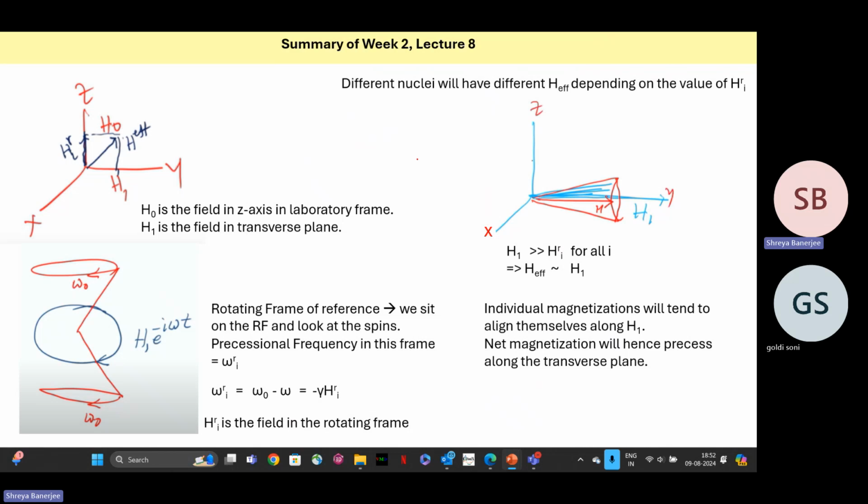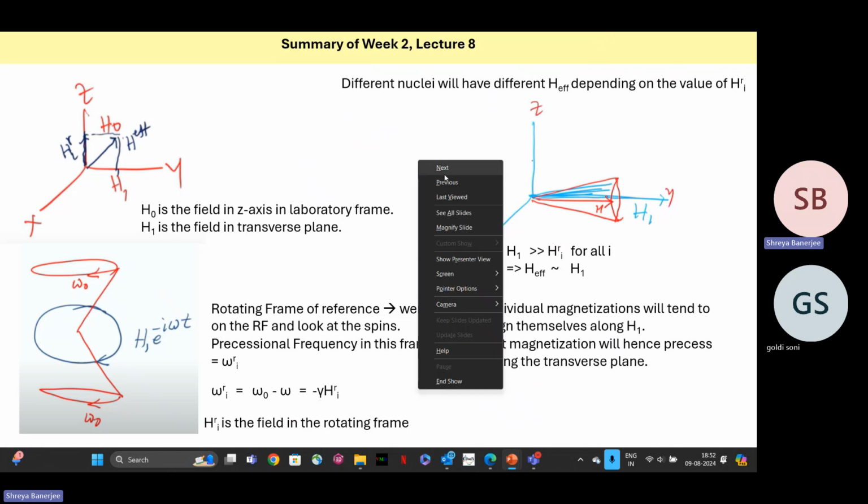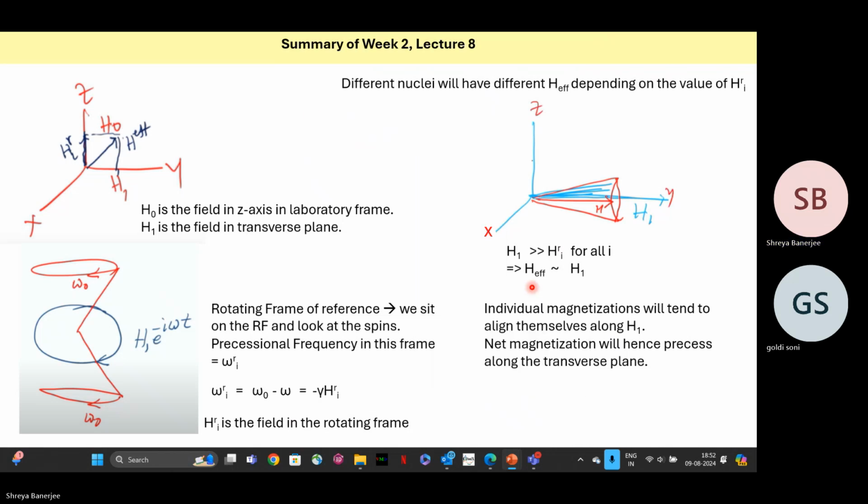Now, in the Fourier transform method, we saw in the previous class that we have a laboratory frame of reference and a rotating frame of reference. Any nucleus is precessing about its axis.